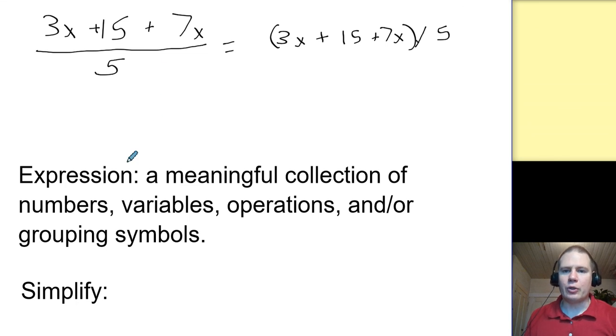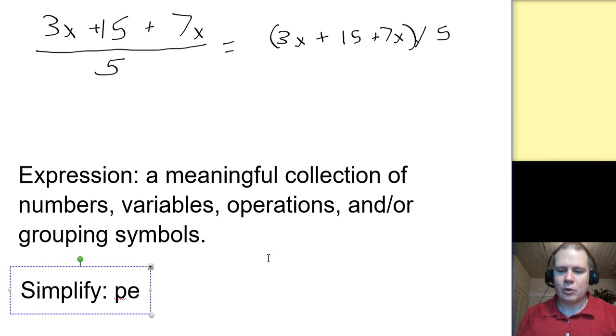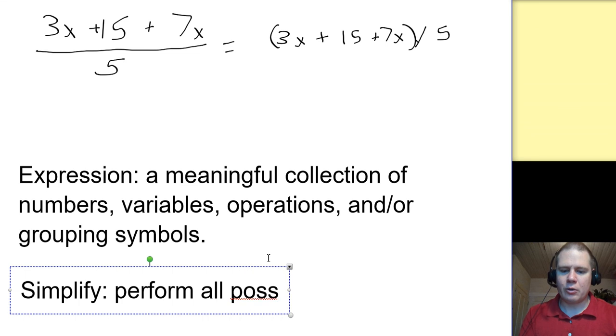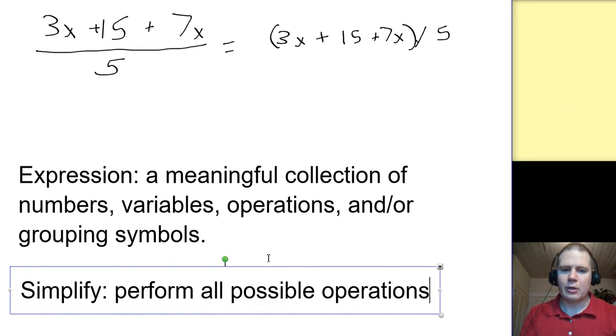Right? And what can I do with this expression in whichever form it is? I can simplify it. Simplify means perform all possible operations.